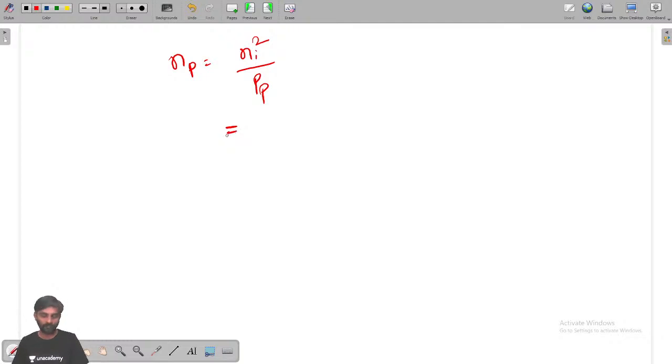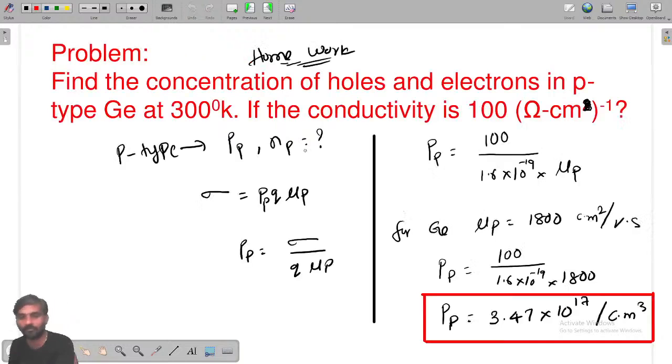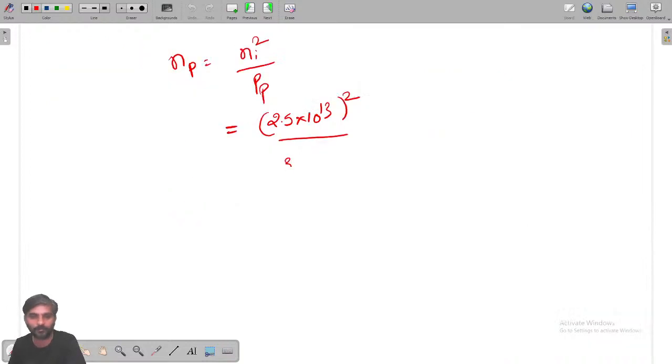We just used it, that is 2.5 into 10 to the power of 13, whole square, by PP. How much did we get? 3.47 into 10 to the power of 17. So you just calculate this NP value.